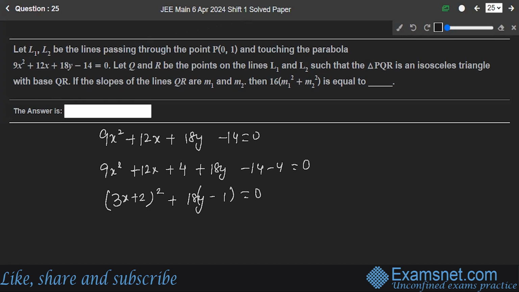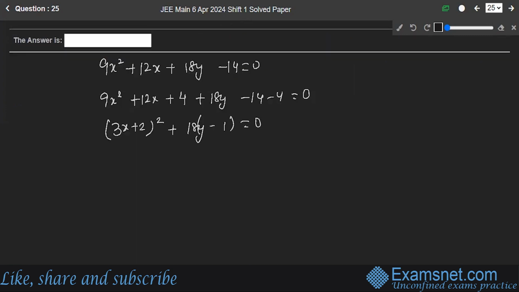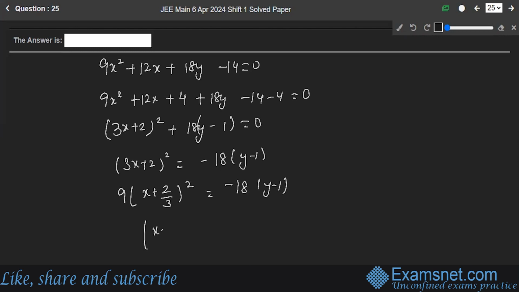Or you can write it as 3x plus 2 square is equal to minus 18 (y minus 1). Or let's take 9 out of here. This is 3 square actually. So minus 18 (y minus 1), or you have (x plus 2 by 3) square is equal to minus 2 (y minus 1). Let's say this is equation 1.